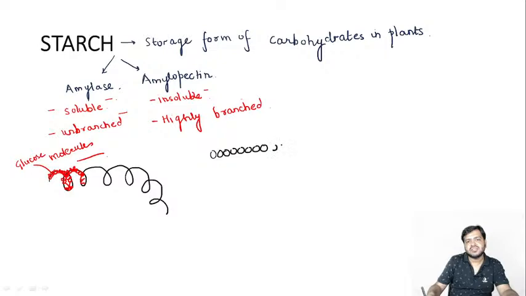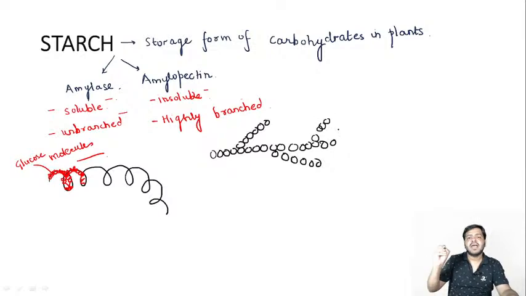So we have a straight chain, then we have branches at several points, and that is the key feature of amylopectin. When we compare it with amylose, amylose is an unbranched structure, amylopectin is a branched structure. So that is the basic difference between amylose and amylopectin, the two forms of starch that are present.